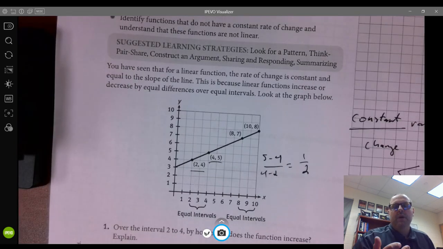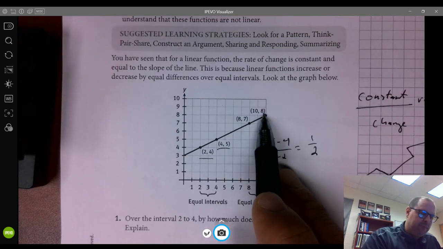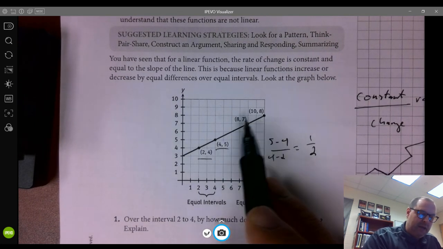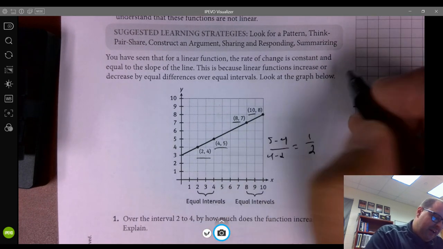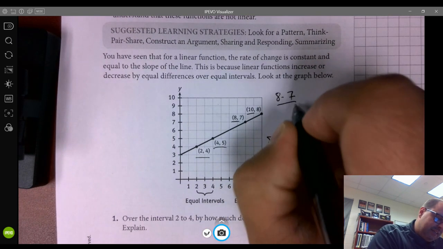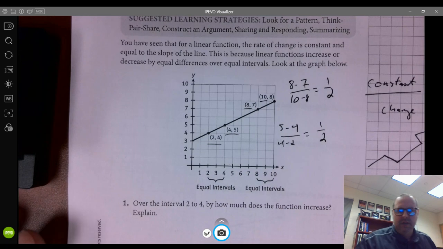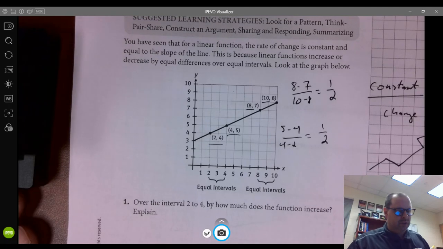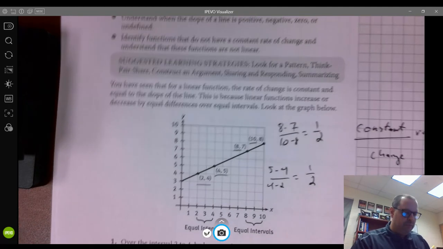Then we know that whatever 2 points you pick, it's going to have the same slope. So, for example, if I went here, this is the same line. I may have chosen these 2 points and gone 8 minus 7 over 10 minus 8, and I get the same answer, 1 over 2. So it doesn't matter what 2 points you pick, you're still going to get the same slope.